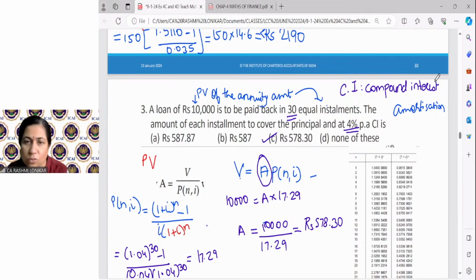So CI stands for compound interest. Good, you asked. Is that clear? Yes, Priyanka, Ritika, Humera, Avni. Very good. So many of you answering so well.